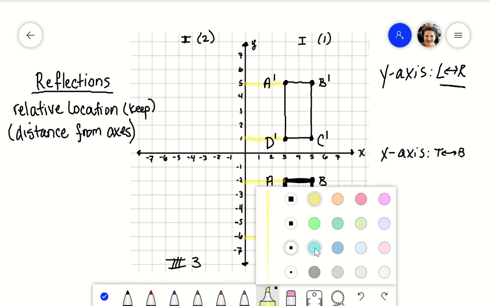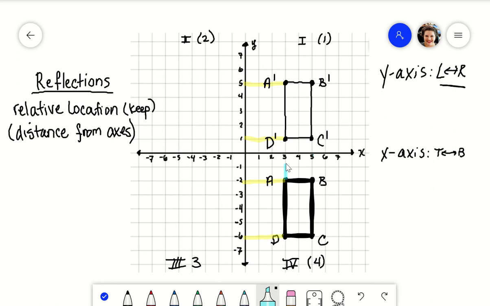Now I'm going to look at how close they are to X. My pre-image is 2 spaces from X, but my image is only 1 space from X. That means it's certainly not just a reflection. If we had a reflection and a translation, it could happen, but it's not a reflection because it's not the same relative distance from the axes.